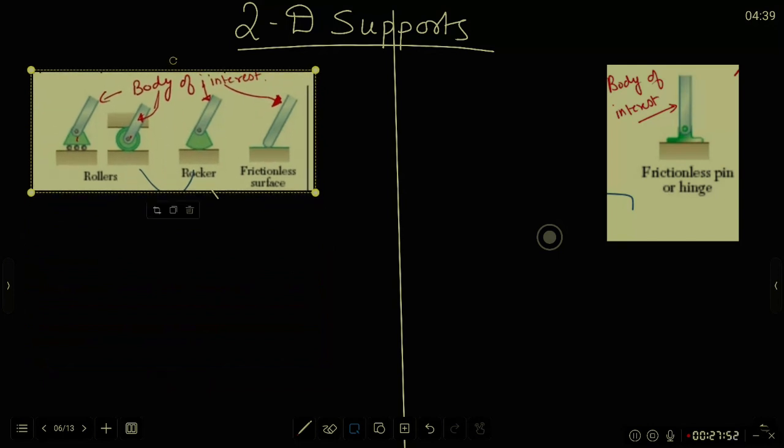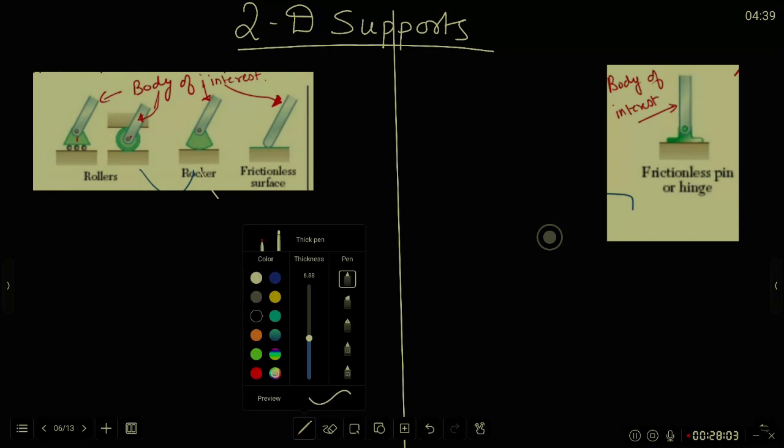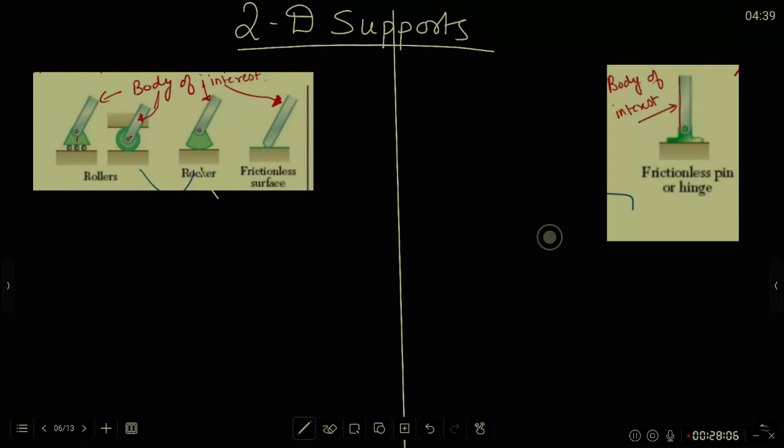That's simpler to understand. This is the body of interest. Rod or something attached to the rod. There is a pin here. And then you have this support. So this is called a pin support. It's written here, pin or hinge. It's also called hinge support. Pin support or hinge support.